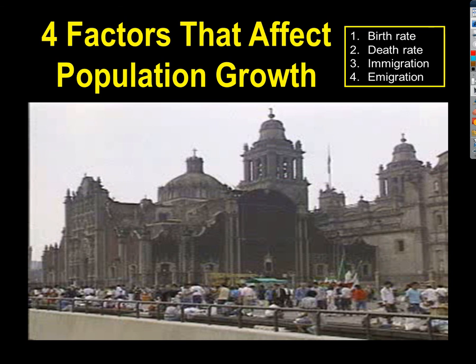Birth rate goes directly with death rate, and immigration coming in is directly linked to emigration. Obviously, when an organism is emigrating from one location, it's going to be immigrating in another. So there's another correlation there.